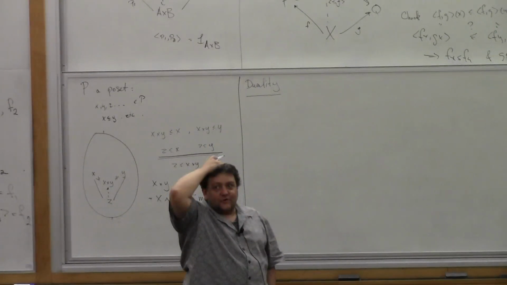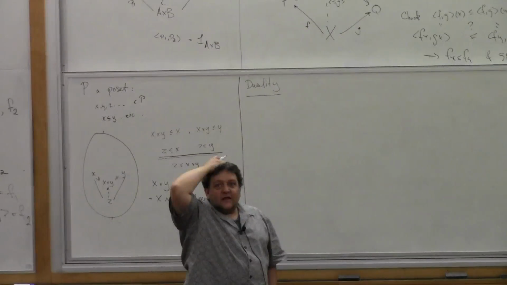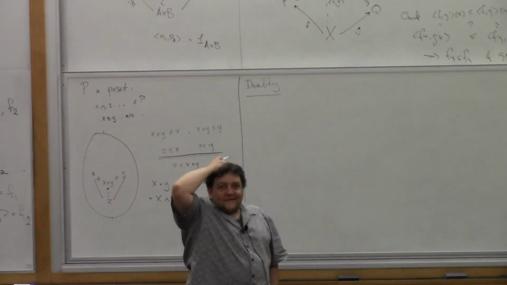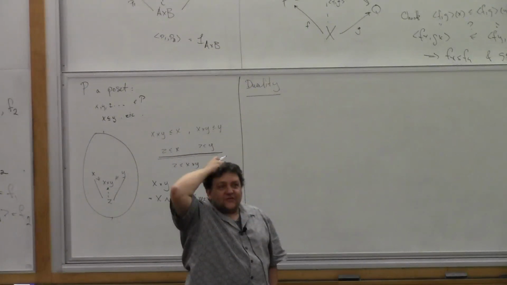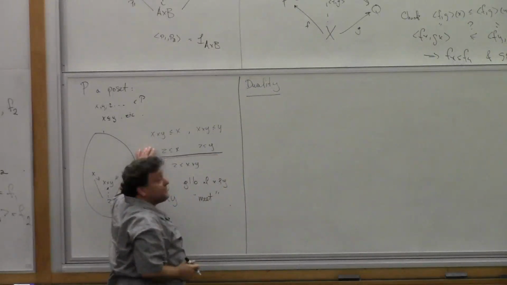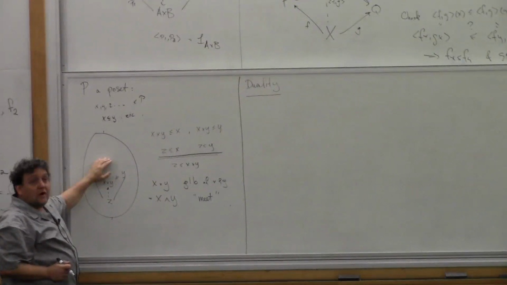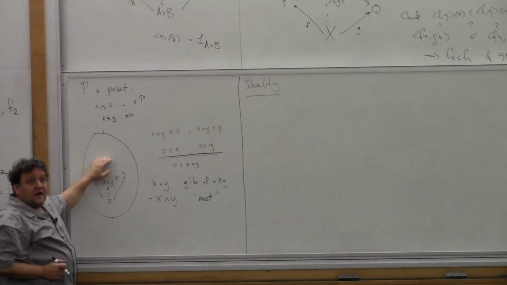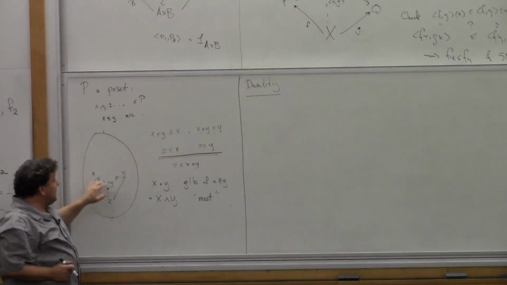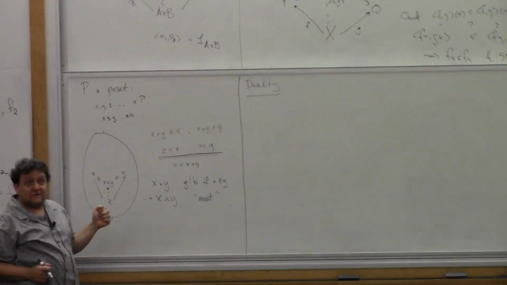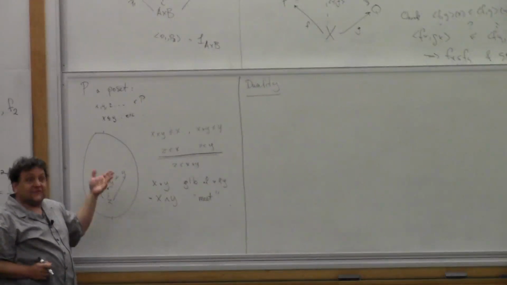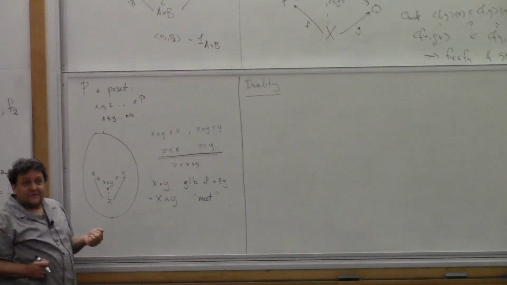It's not a construction, it's a specification. It's a definition of what it means to be a product, or here, a definition of what it means to be a meet in a poset. A poset in which any two elements have a meet, in this sense, is a meet semilattice.